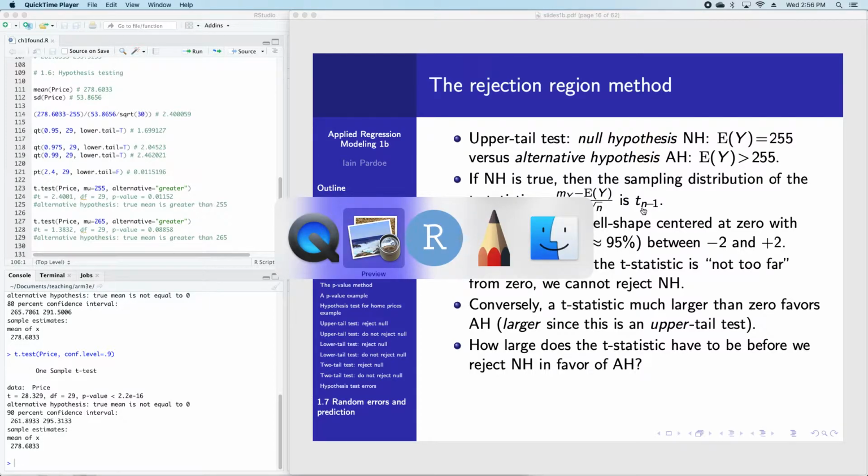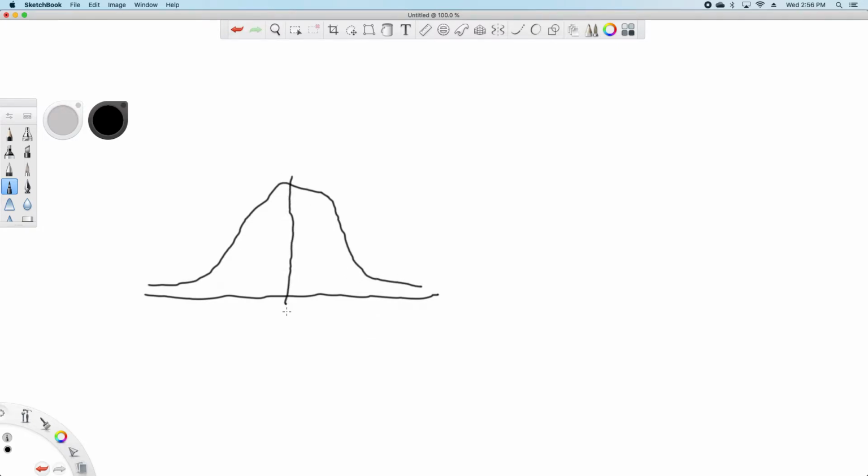Let's just do a quick sketch of that t-distribution. Remember, it's kind of like a bell curve, and it's centered at 0. Just to give you an idea of the scale, plus and minus 2 would be around here.